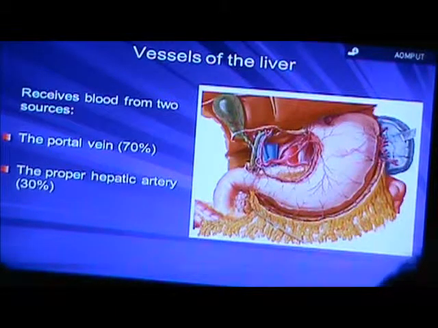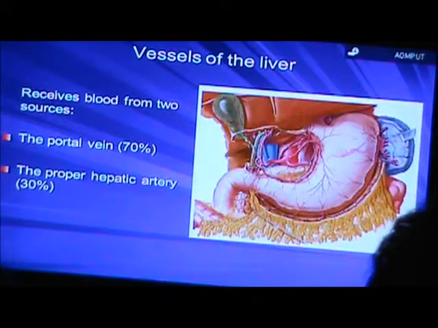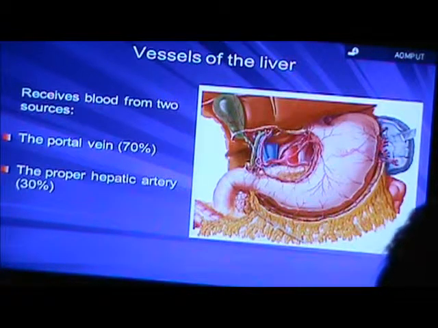The vessels for the liver come from two sources. The portal vein, which provides 70%, and the proper hepatic artery, or hepatic artery proper, you can choose, which provides 30%.